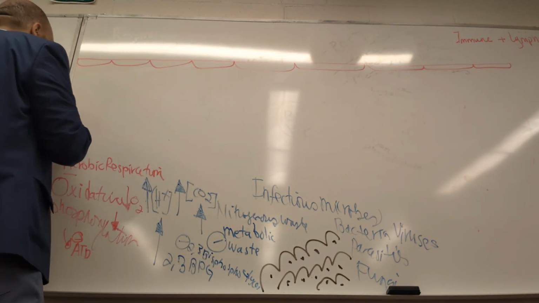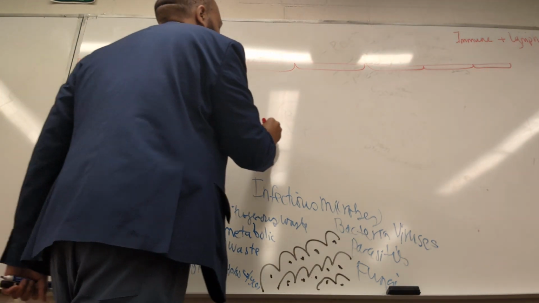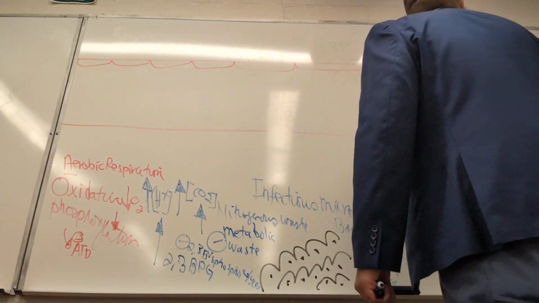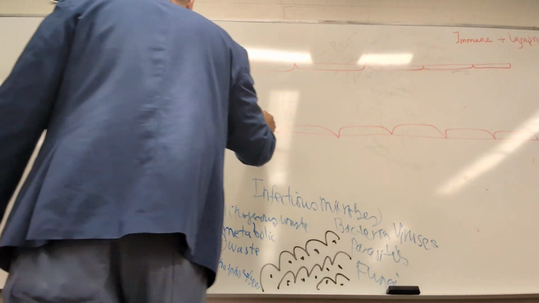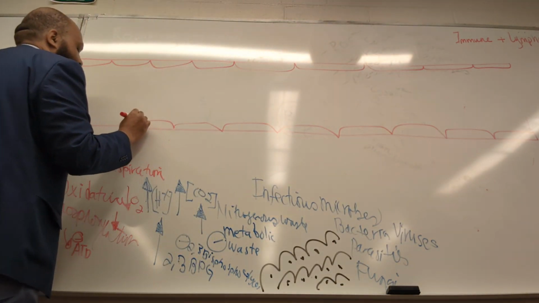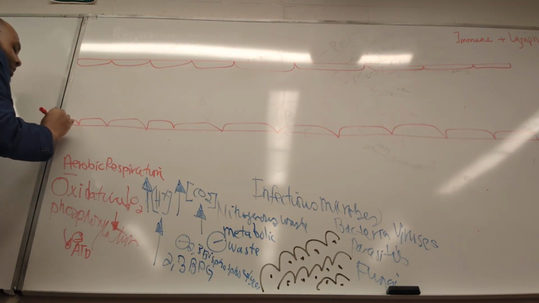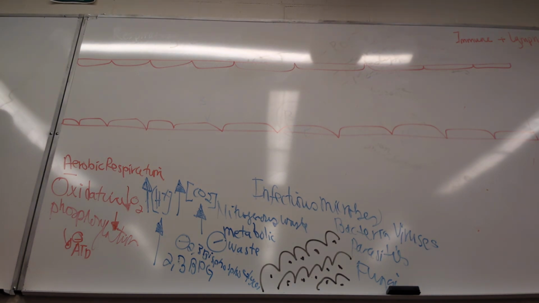What is the outermost layer of the blood vessel called? Excellent. Tunica maxima or tunica externa, and it is also known as the tunica adventitia.